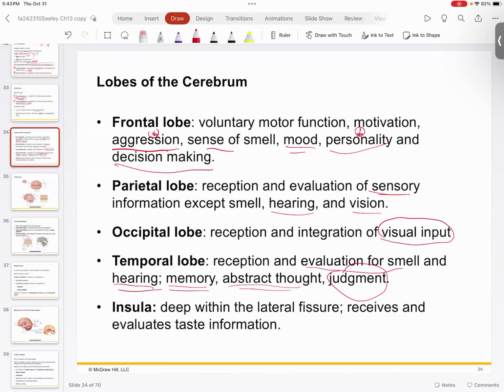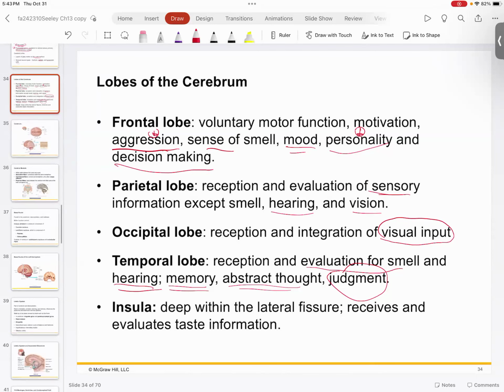Just to give you an idea, as an example of some of the interesting things that happen, there was a research study done on the temporal lobe of individuals. They wanted to see what the temporal lobe did with respect to being able to sense that somebody was in the room.